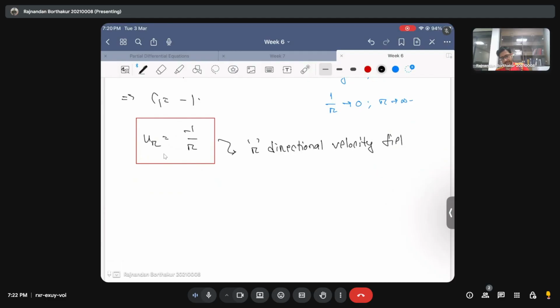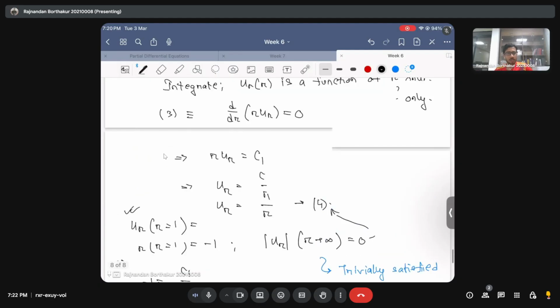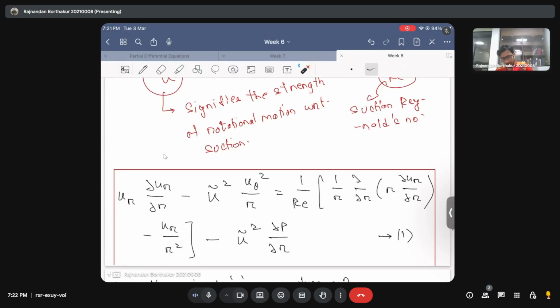Okay. Now, as I said, what we will be doing is we will try to evaluate the theta directional velocity field. Remember, we also need to calculate pressure. But if you closely look at the R momentum equation, now we have UR with us. These U tildes and Reynolds number are just parameters, which means I now require to calculate U theta and pressure. So just by having UR won't do any good to us because we don't know U theta and pressure that we can solve from equation 1.